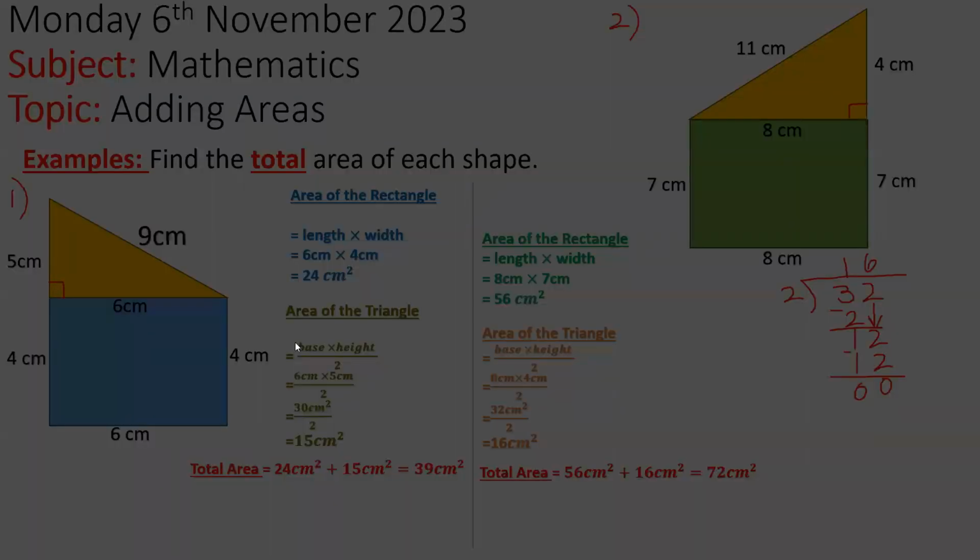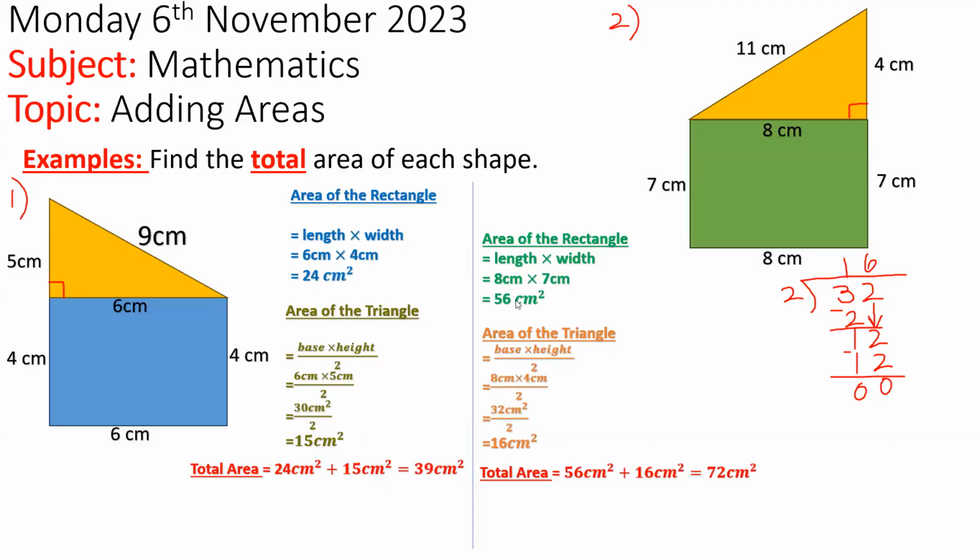Start from how we got 56. Start from the area of the rectangle.